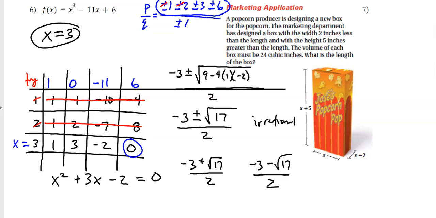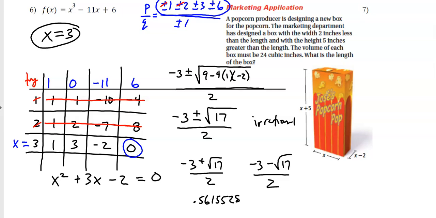So negative 3 plus the square root of 17 divided by 2 is 0.56155281, and it just keeps on going.